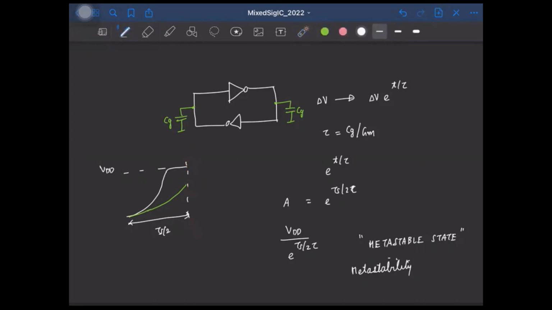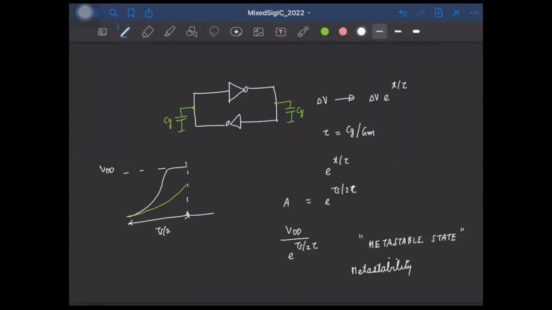Obviously the way to reduce metastability, that is to reduce the probability of this metastability, is to make sure that we have a large enough gain, right? And one way to increase gain is obviously to extend this time Ts/2.